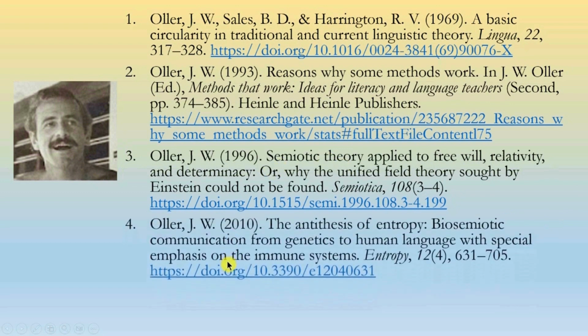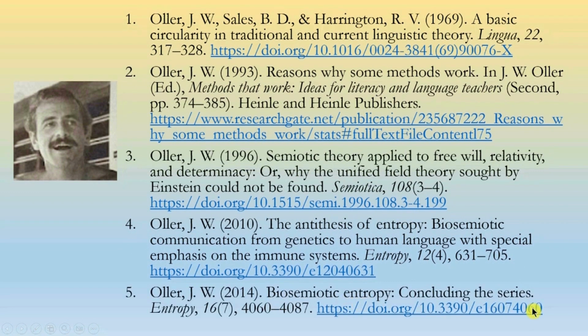In 2010, I published The Antithesis of Entropy. Well, the antithesis is a TNR. Biosemiotic entropy, concluding the series. This was a paper with several proofs about true narrative representation. I was really riding on the shoulders of Bertrand Russell and Hans Reichenbach and Gottlob Frege to some extent.